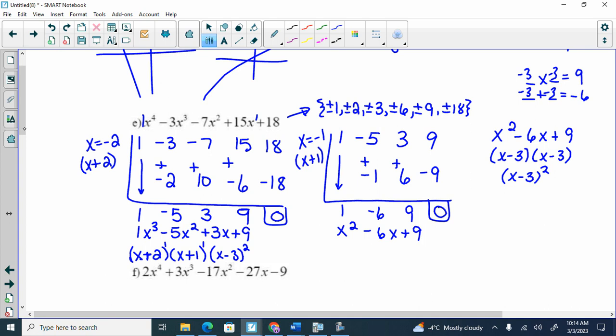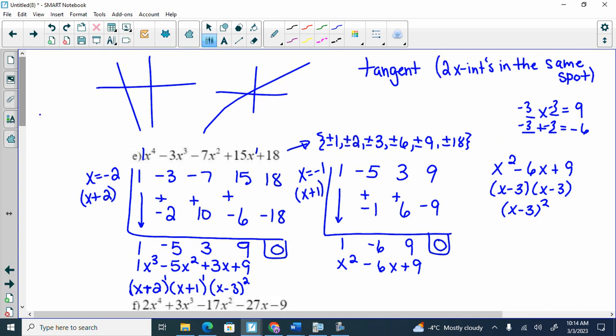Humor me. Type this in. What kind of function is that?